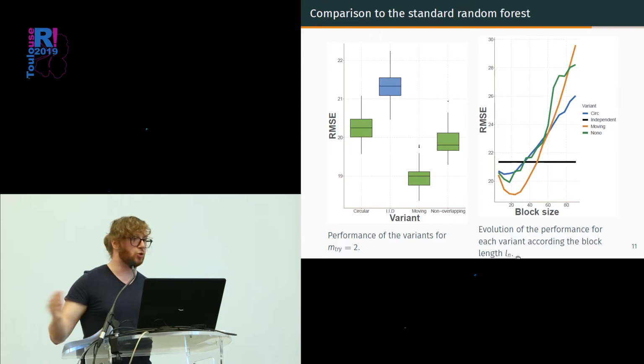If the block size is too big, the performance is worse. But we still have a big window of parameters where our variants do better and pretty good. The optimal size seems to be around 24 hours. I don't know if it's just a coincidence or not, but it corresponds to the forecasting horizon.